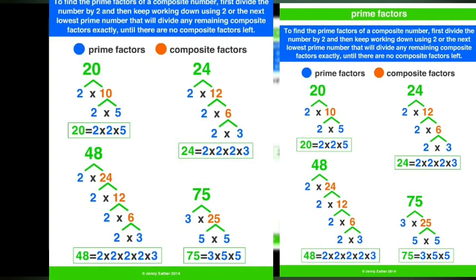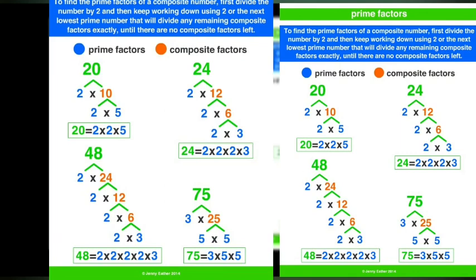Firstly, 20 is divided by 2, and how many times? 10 times. Now 2 is a prime number, so 2 remains the same, and we have to check by what number 10 is divided. 10 is divided again by 2, and how many times? 5 times. Now 2 and 5 both are prime numbers, so the prime factorization of 20 is 2 multiplied by 2 multiplied by 5.